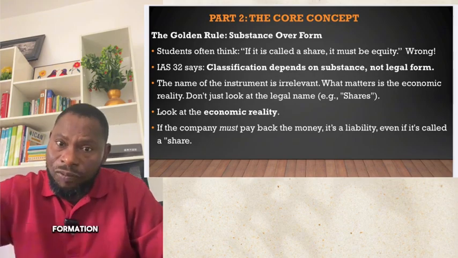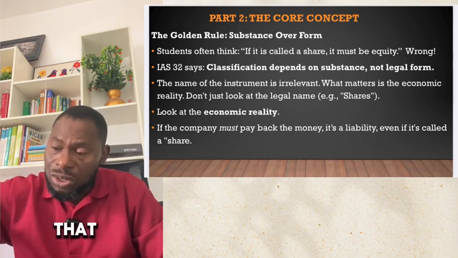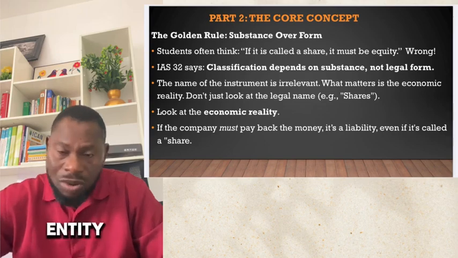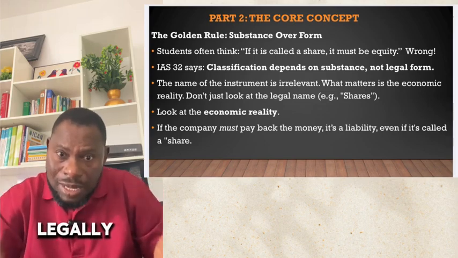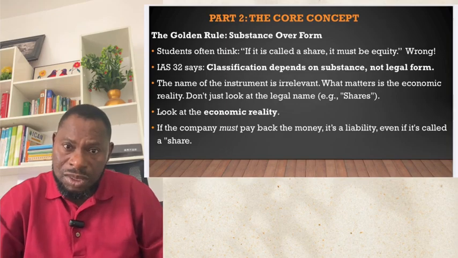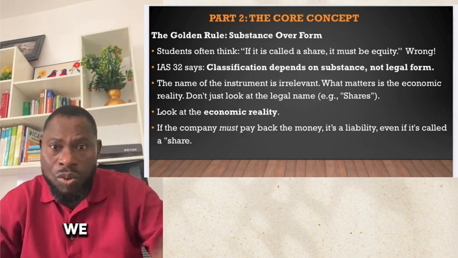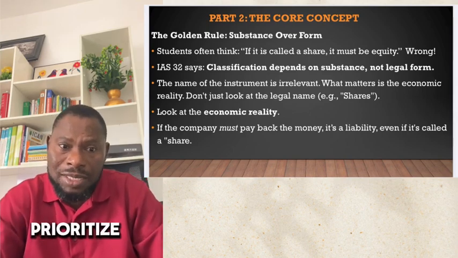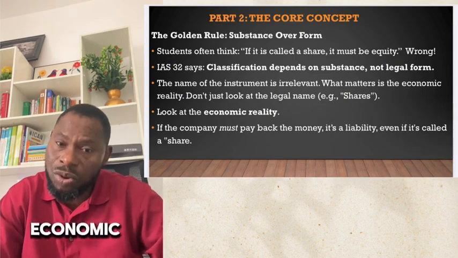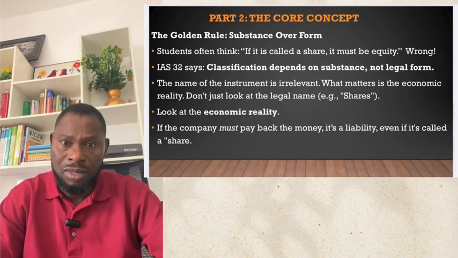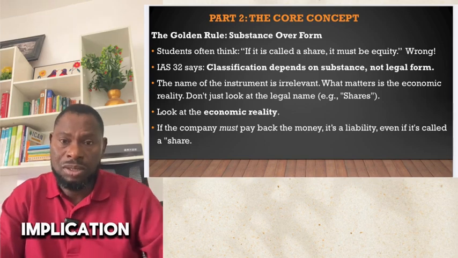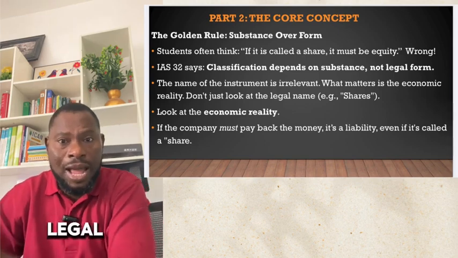The legal formation of that contract or entity or whatever. Legally, by law, it is saying something. But the economic reality is saying something different. So we are saying that we prioritize the economic substance, the economic reality, the economic implication over the legal form.